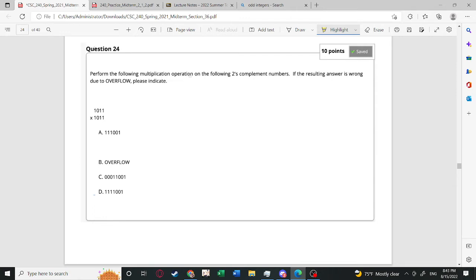Perform the following multiplication operation on the following 2's complement numbers. If the result, the answer, is wrong, do the overflow.